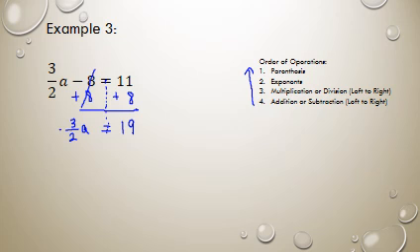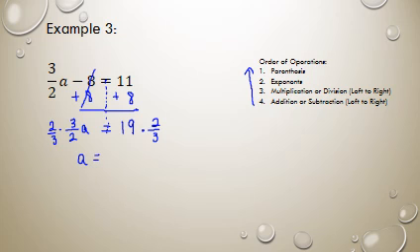And the reciprocal of 3 halves is 2/3. And we need to do that to both sides. So 2/3 times 3 halves gives us 6/6, which will simplify to 1, which is the number in front of the a, which you don't need to write.